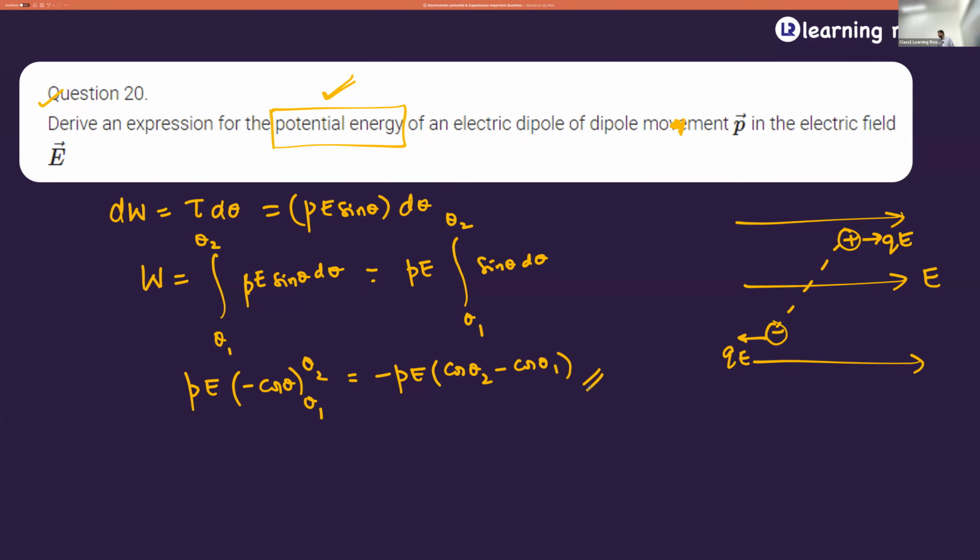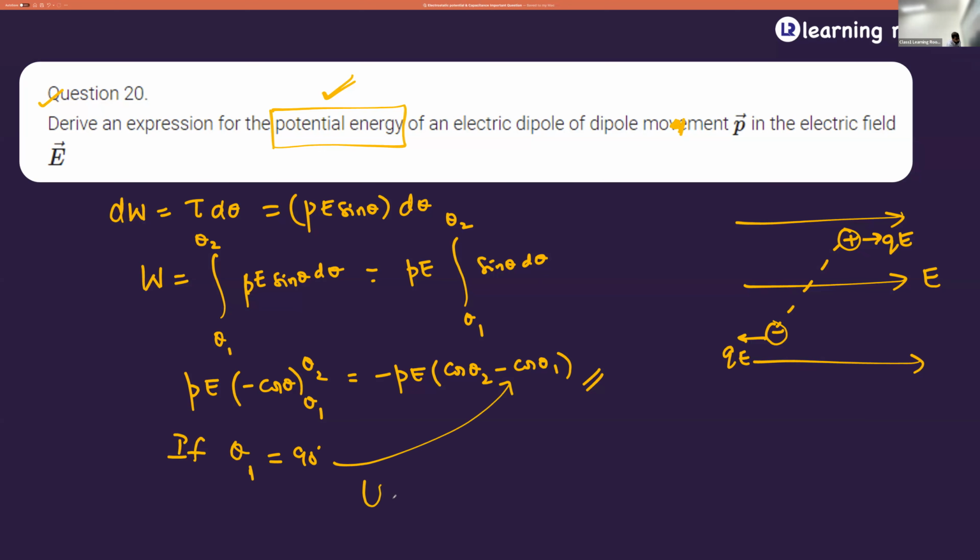So this is going to be the expression for the amount of work done, which will get stored in the form of electrostatic potential energy. But here, what we can do is, if the initial angle was like this, had the dipole been placed perpendicular to the electric field, if theta 1 had been 90 degrees, then if I plug this value in here, what am I going to get?